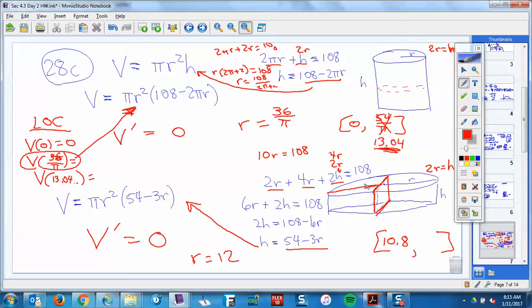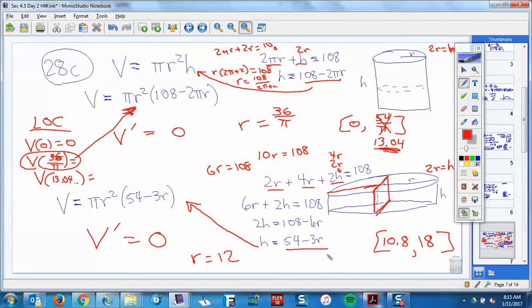But if you put 0 there, I wouldn't count that against you, whatever. Okay, and then what's the biggest r could be? The biggest r could be is if there was no h, and so that'd be 6r equals 108. So what's 6r equals 108? 18. So that'd be the biggest.